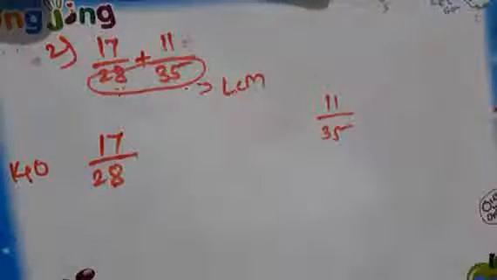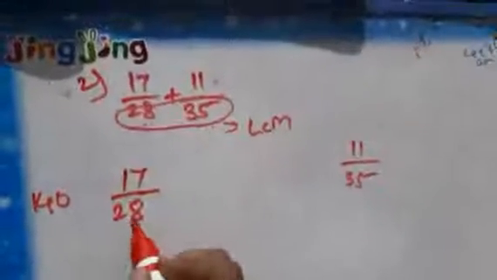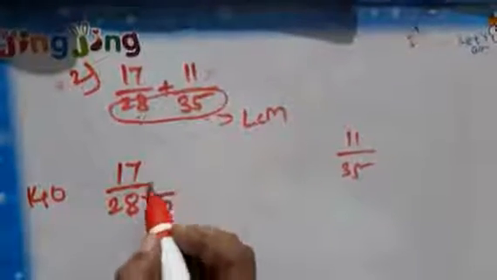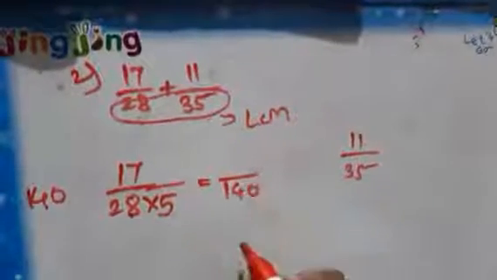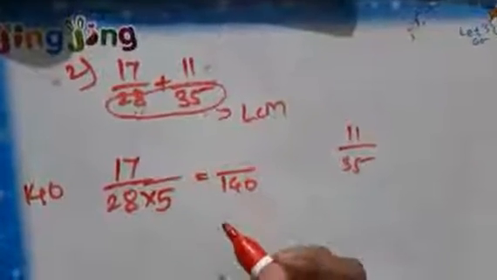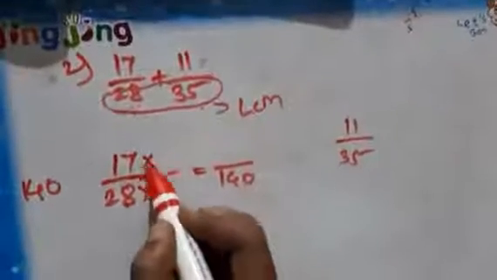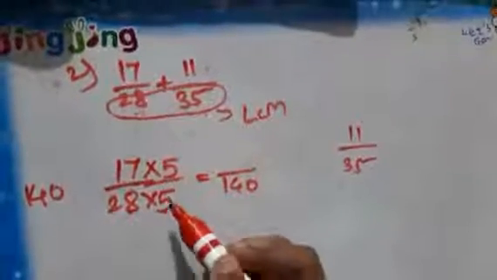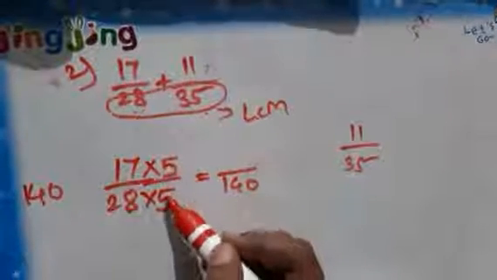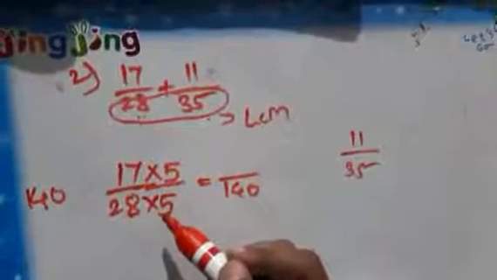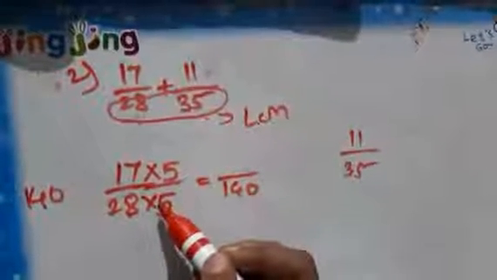Now, instead of 28, how can we make 140? Suppose I multiply 28 by 5, it will be 140. So we got 140 here. But if we multiply by 5 in the denominator, at the same time we have to multiply by the same number in the numerator also, because it will keep the value unchanged.